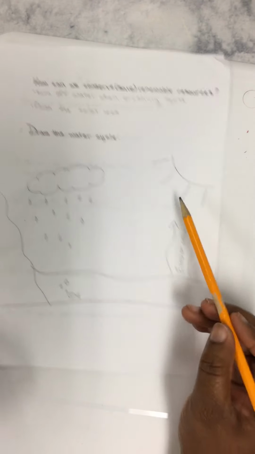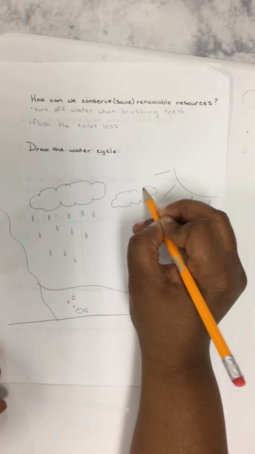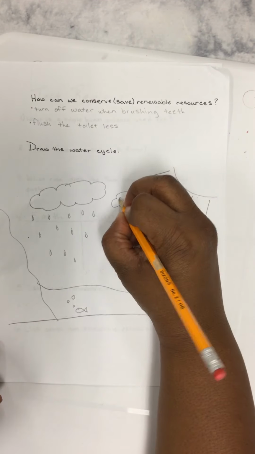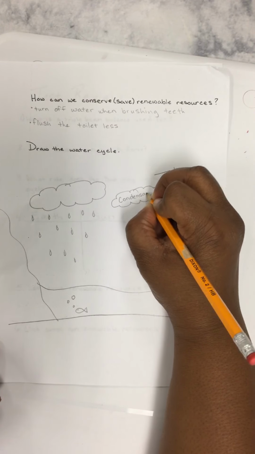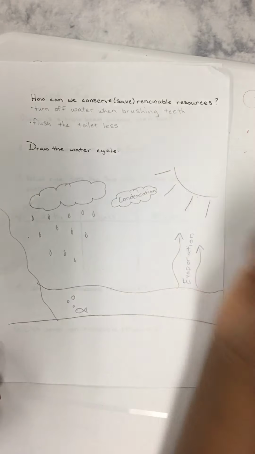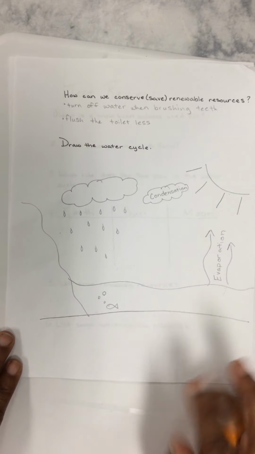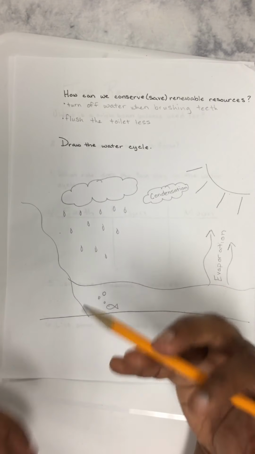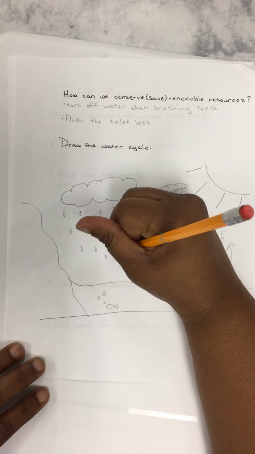Once that water goes into the sky, it will start to form a cloud. When it forms a cloud, that is called condensation. Once you have that cloud formed and it's so heavy that it starts to drop water from the sky, we have precipitation.